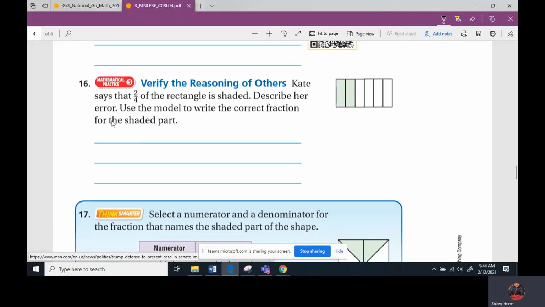Describe her error. So she's saying 2 out of 4 is shaded. Where'd she go wrong? She thinks, what some of you still do, she thinks 2 and there's 4 left over. So what's her error? She did not use the whole. So Kate did not use the entire whole.